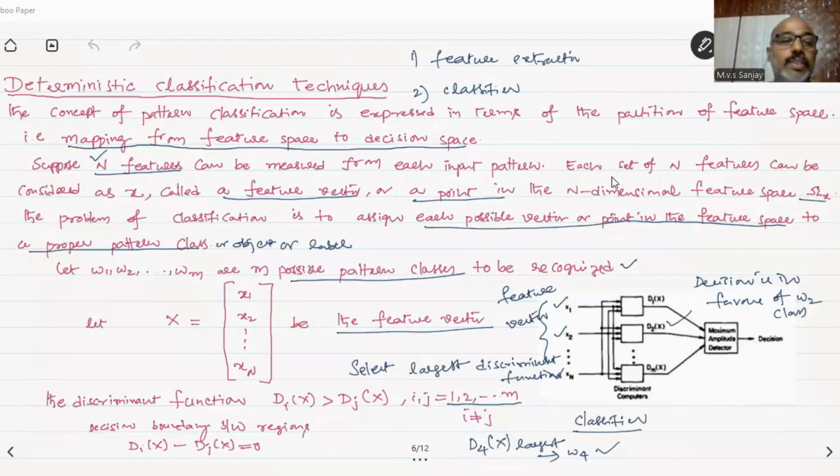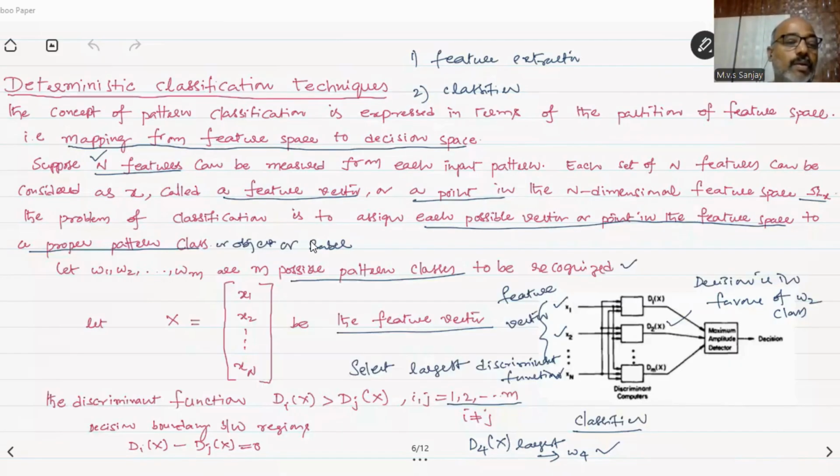Each set of n features can be considered as x, called a feature vector, or it becomes a point when it is represented in n-dimensional feature space, denoted by sigma x. The problem of classification is to assign each possible vector or point in the feature space to a proper pattern class or object or label.